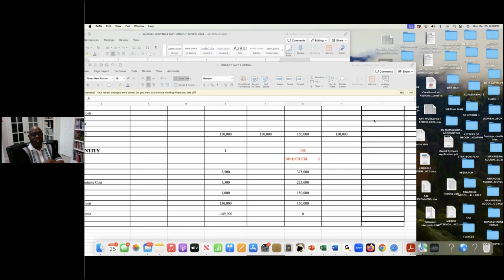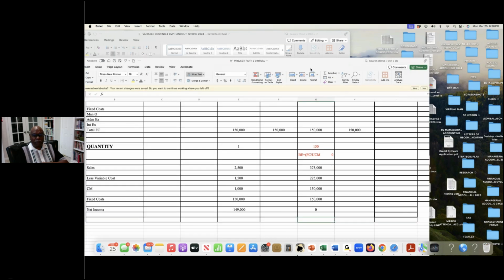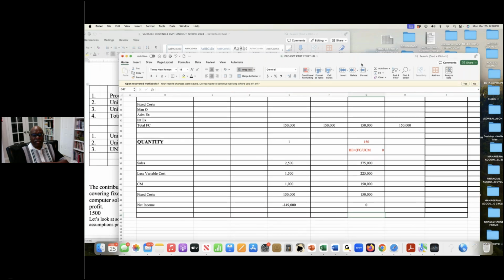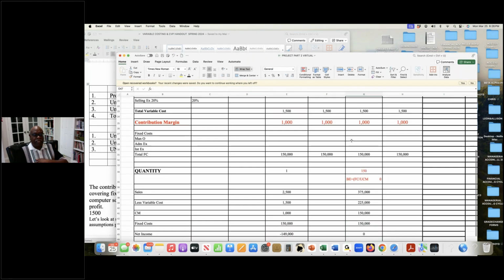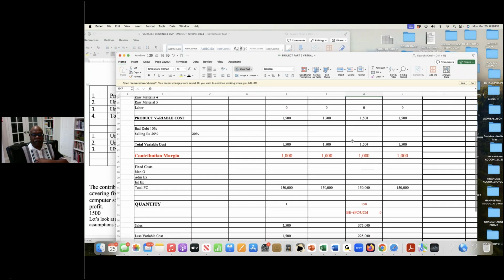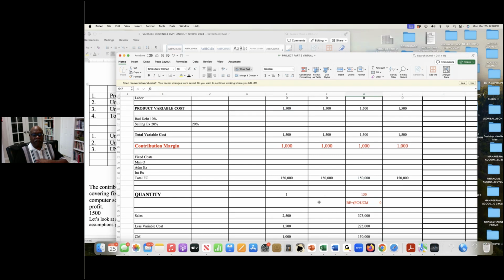Can we make that calculation? Okay, let's see if we can work on it. Notice that the top stays the same, but I need a quantity in here. And that quantity is going to be based on the formula.